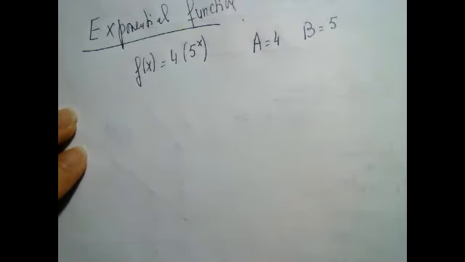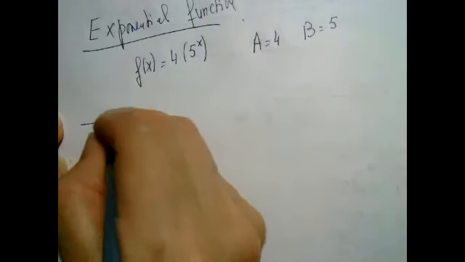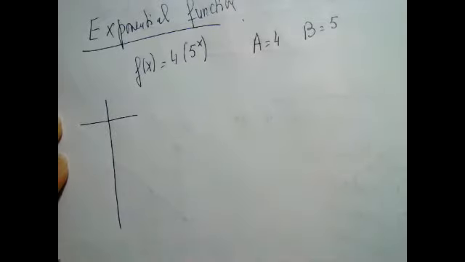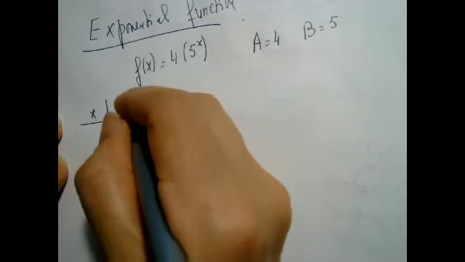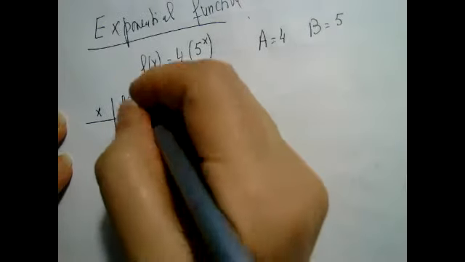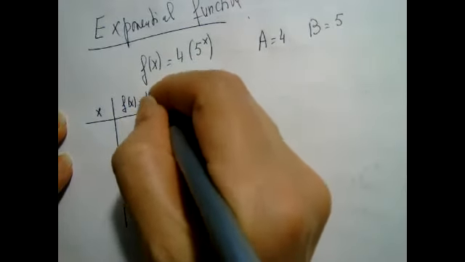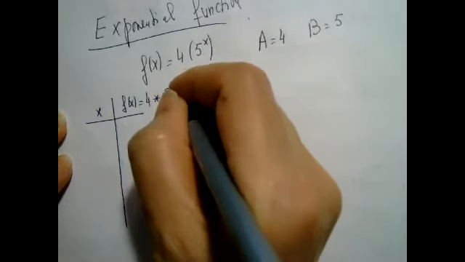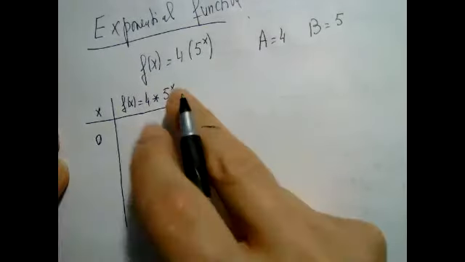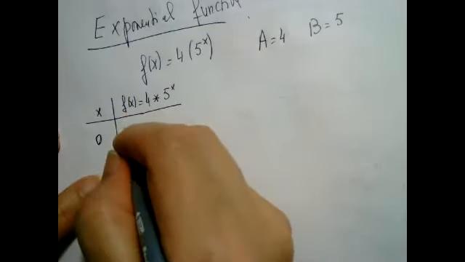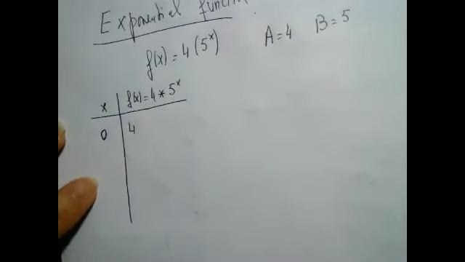Why is it called a factor, and what does it represent in terms of the function? This is my x, and this is f of x, which is 4 times 5 to the x. At 0, I plug in 0, I get a 4, which is the initial value.